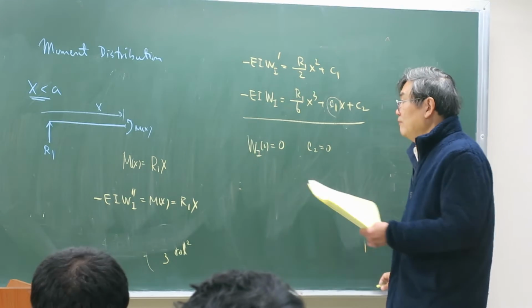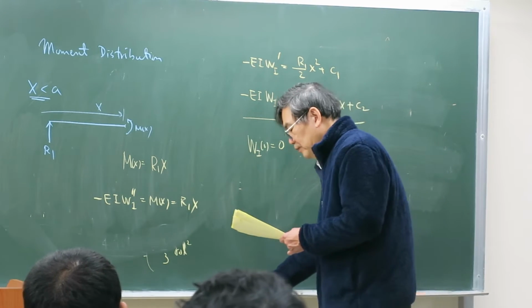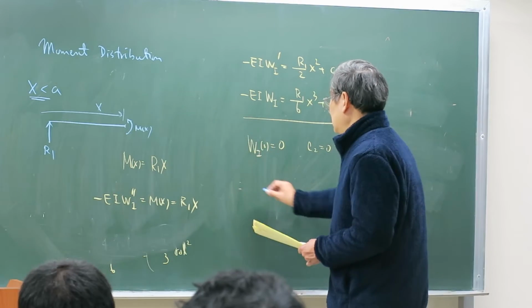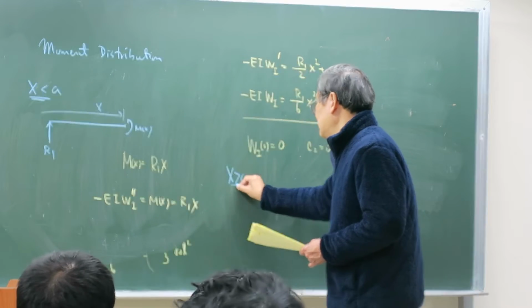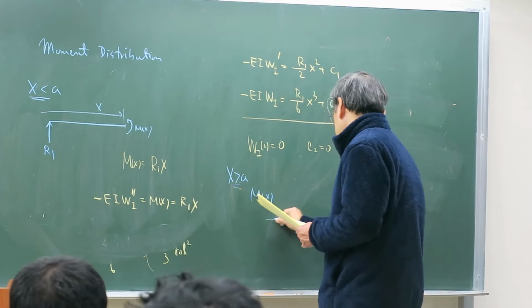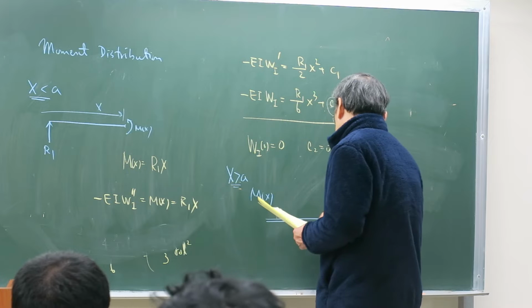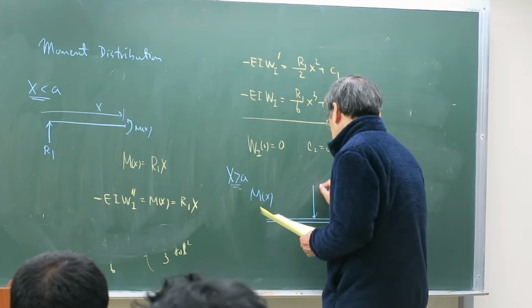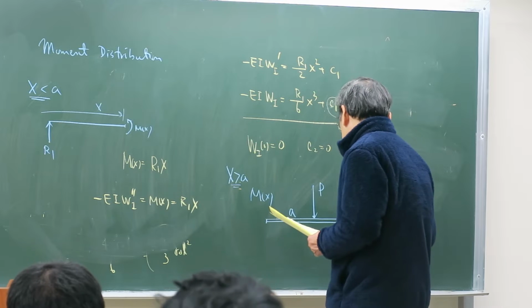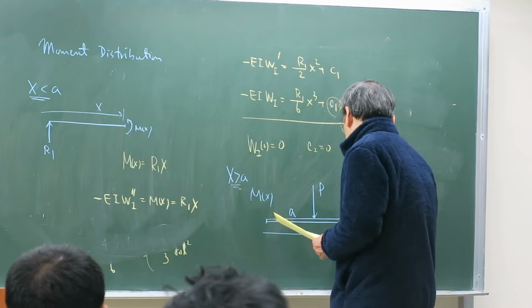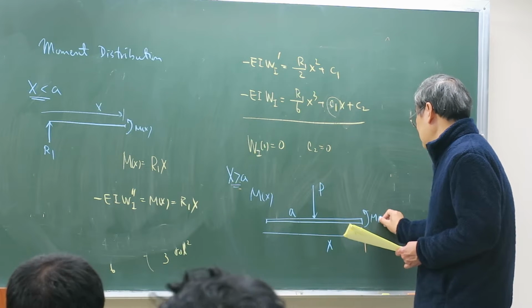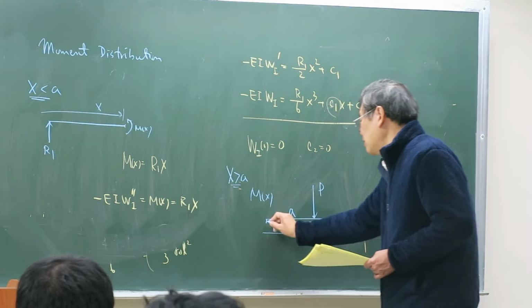Then for x larger than a, my moment is like this. This is P, this is a, and this is x. Here we have a moment Mx, and this is R1.